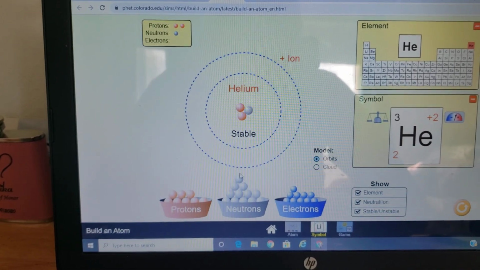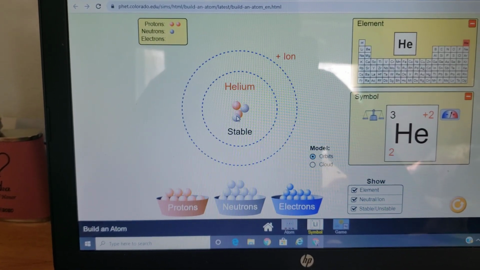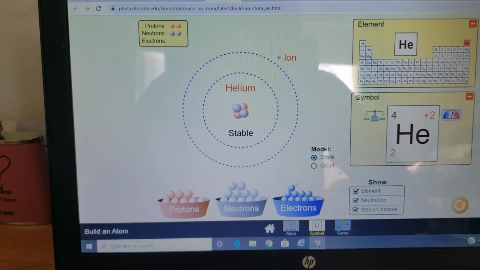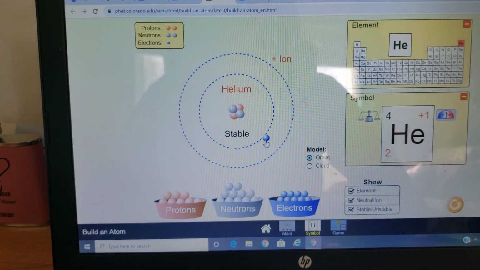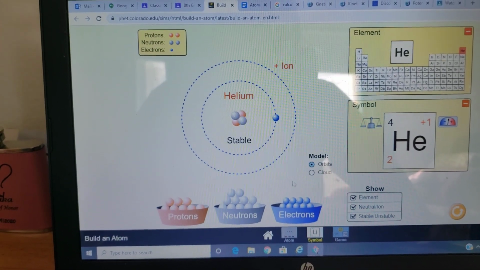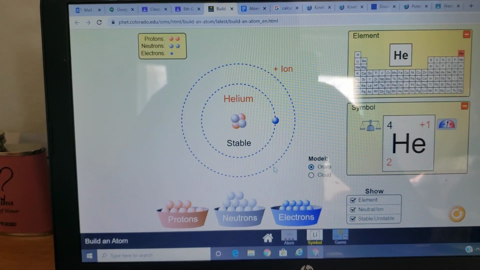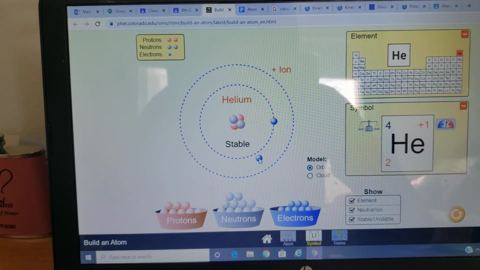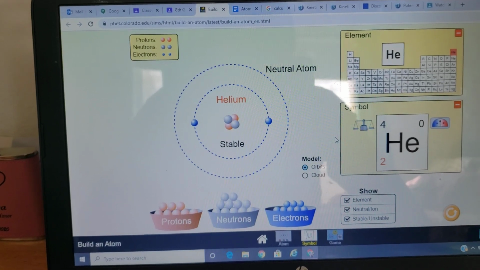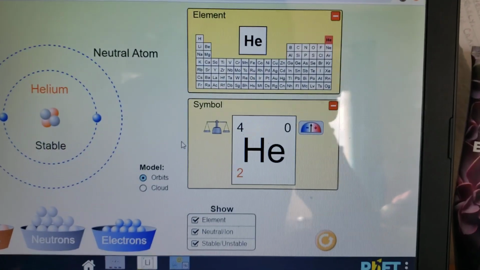We need to match it up and then put our electrons on there. Because it says it's an ion, that means it has a positive charge. We have more protons than electrons. So we're going to plug that on there, and now we're good. We have a neutral atom. That's what we wanted, and we have helium.